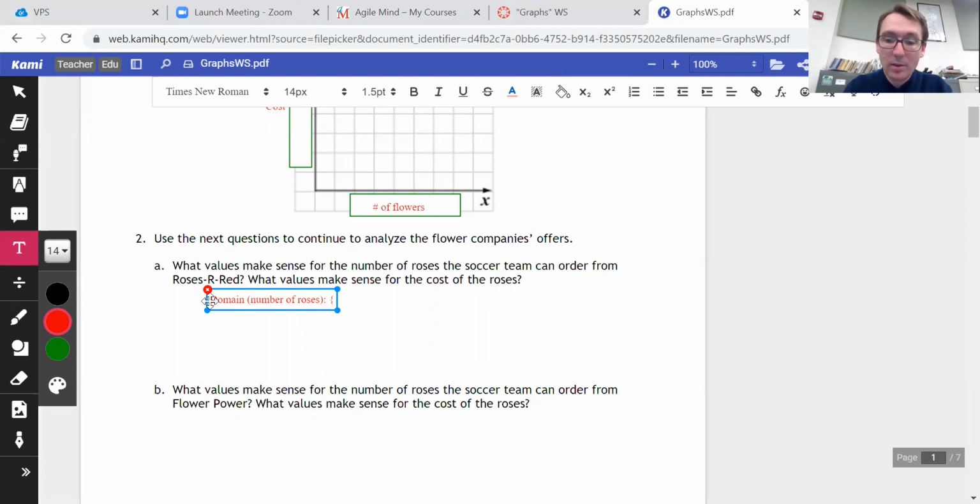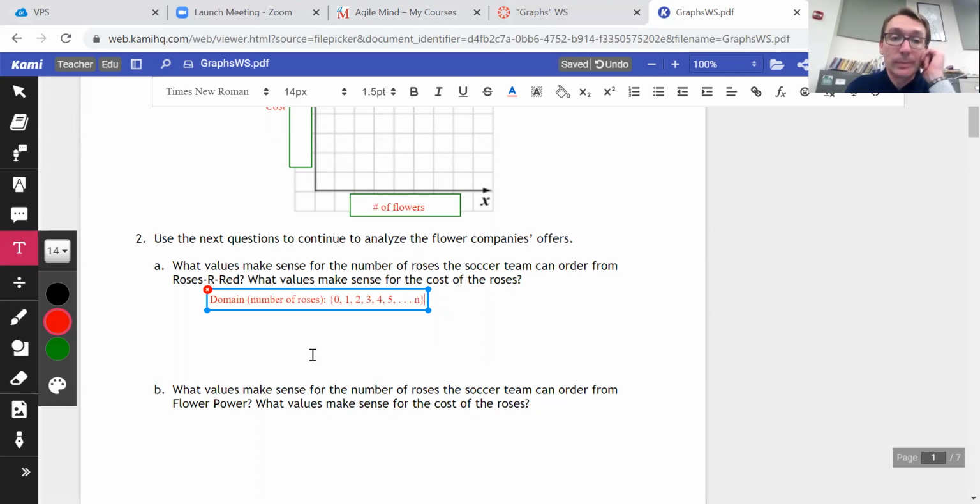It's gonna be 0 or 1 or 2 or 3 or 4 or 5, or well, all the way up to n. We could order n roses. I like to use n, like we've talked about before, because n is for counting numbers, and we only want a counting number of roses. We do not want 5 3/4 of a rose.